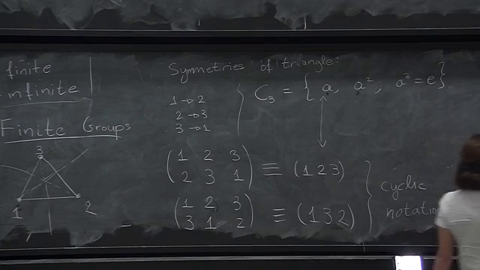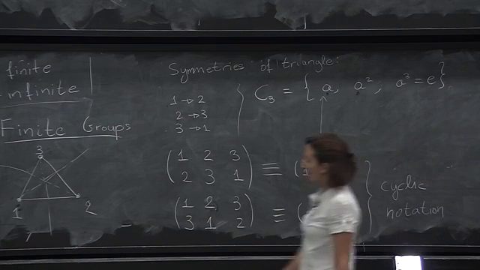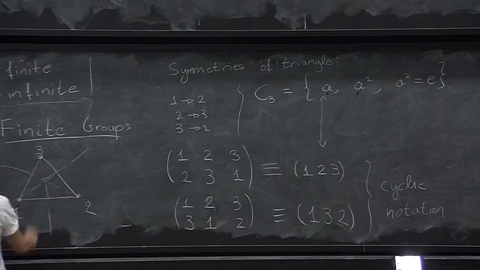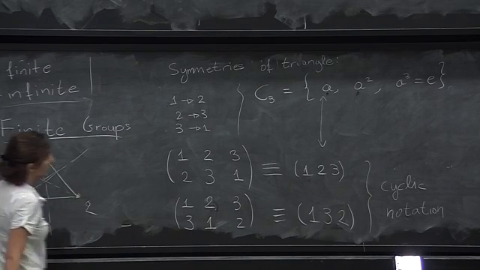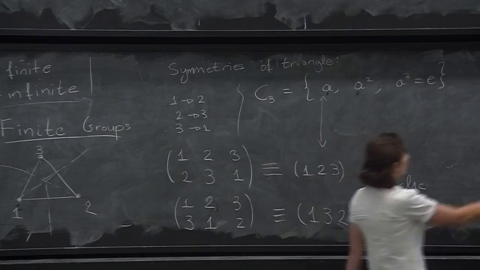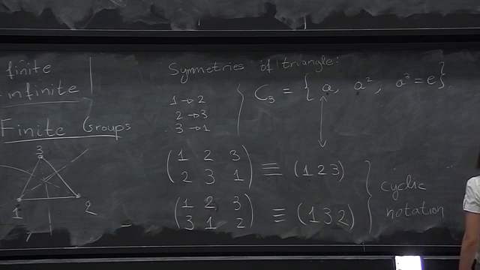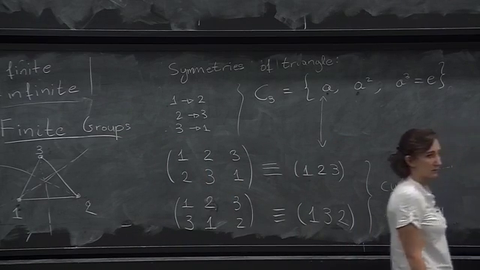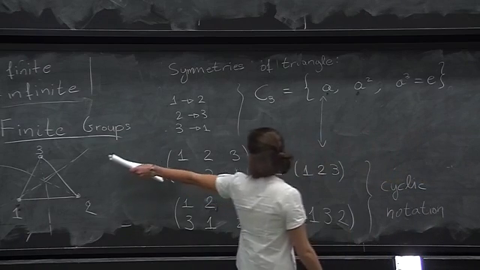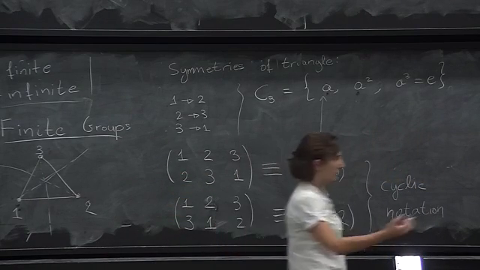Okay, what if we also allow reflections? Then reflection around this axis will just exchange the vertices 1 and 2. And I can write this element as (1 2). Vertex 3 stays the same, so I don't need to write it here.